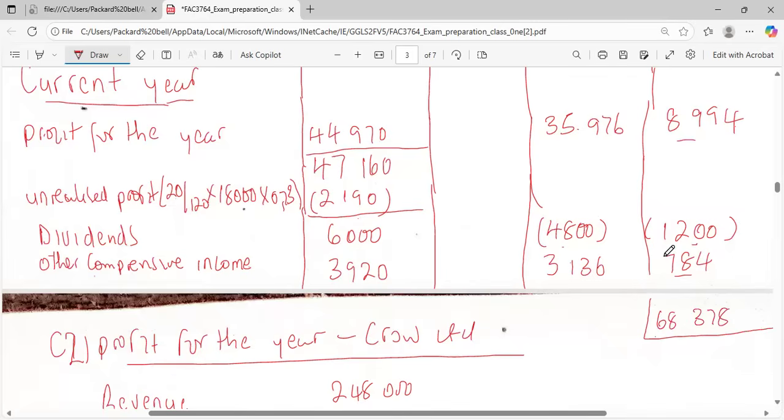When you do your statement of change in equity, this must be the value of your NCI. Even when you go to do your consolidated statement of financial position. Right. So let's quickly do the analysis for Bear Limited so that we can finish our comprehensive income.